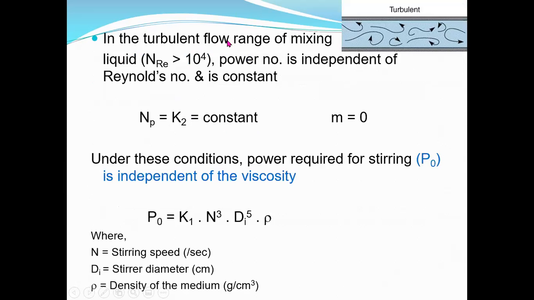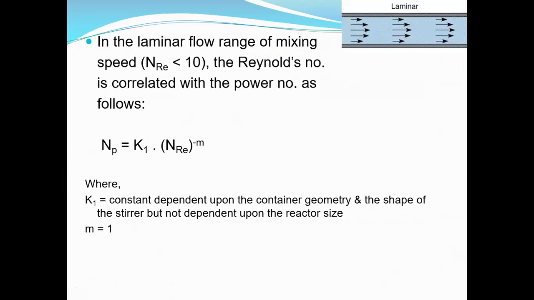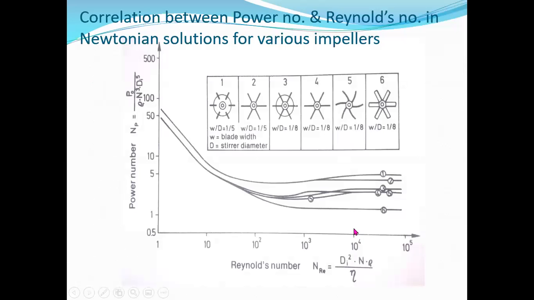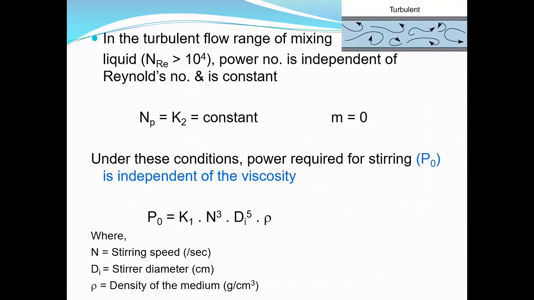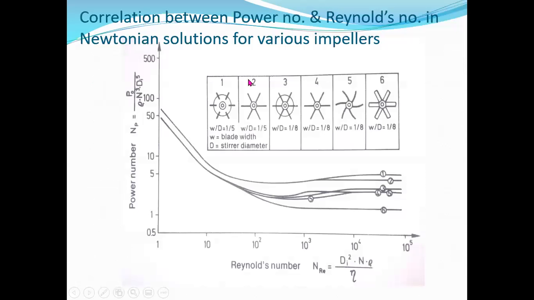When there is turbulent flow in the mixing of liquid, and the Reynolds number is greater than 10 raised to the power 4, the power number is independent of the Reynolds number and is constant. You can see in this figure that even if the Reynolds number is increasing, the power number is more or less constant.